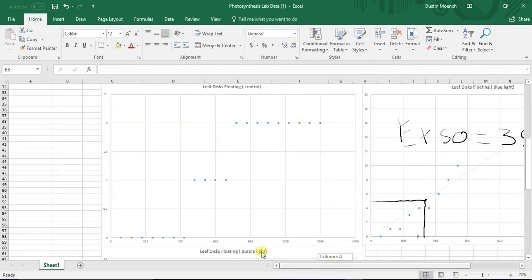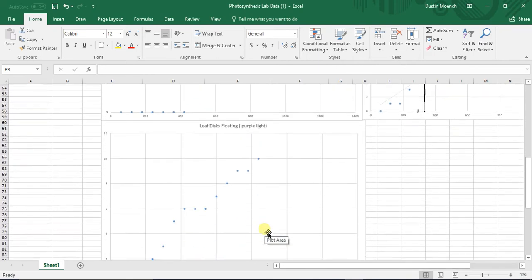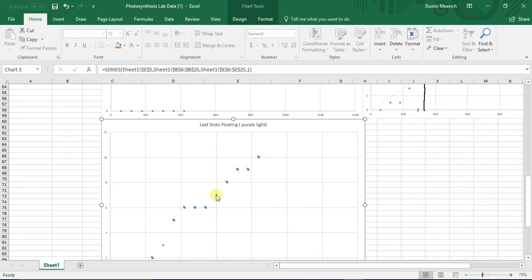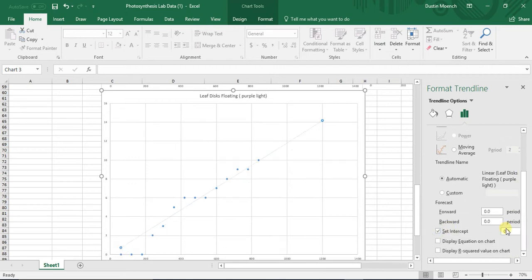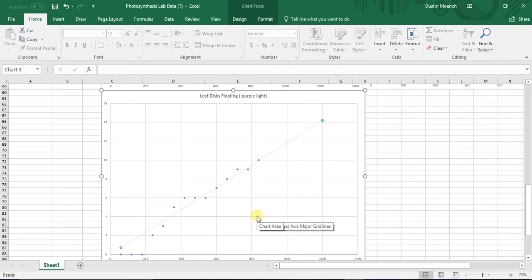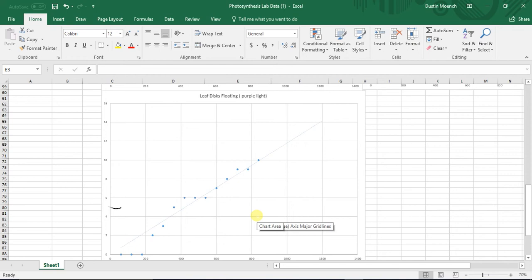Alright, next I'll do my purple leaf disc trial. Click on it, double tap, add trend line, go down to set intercept equal to 0, go on to my graph, find 5 on the y-axis, draw it over till it intersects my graph here, draw it straight down, and if this is 500, maybe that's 450.